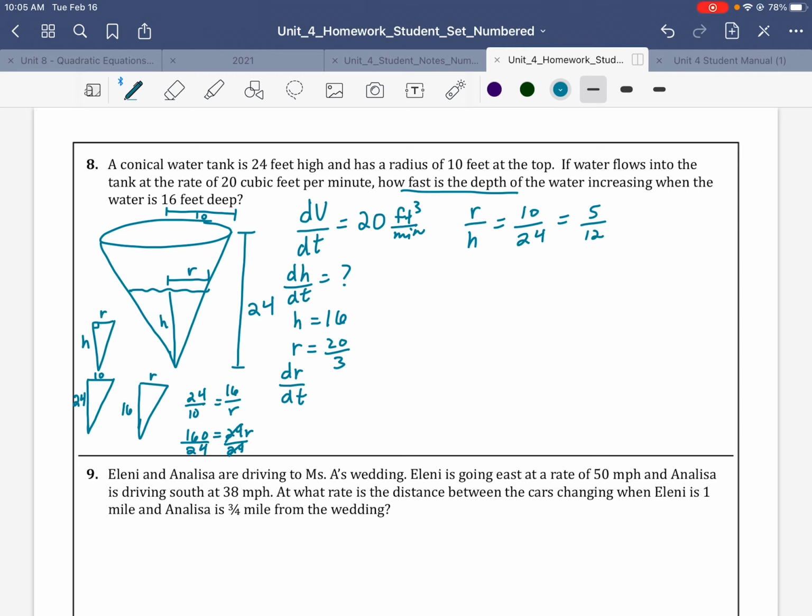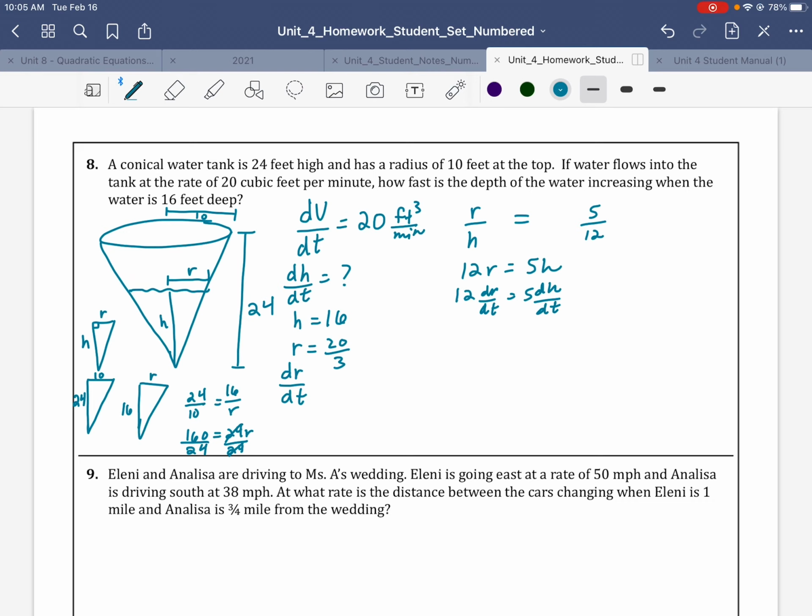Okay, so I'm going to use that one. From here, the reason I want to use this is because I want to get dr/dt and dH/dt. So let's just cross multiply. And so now I can see that 12 dr/dt is equal to 5 dH/dt.